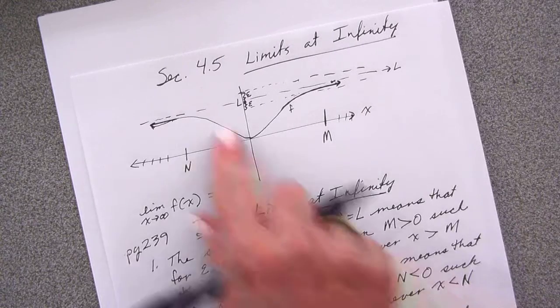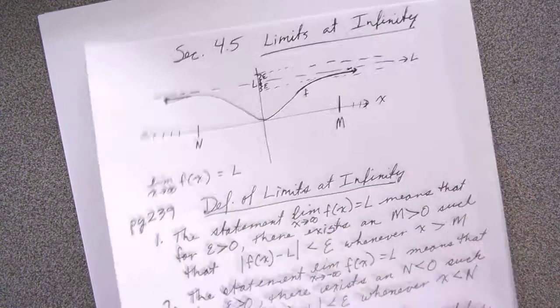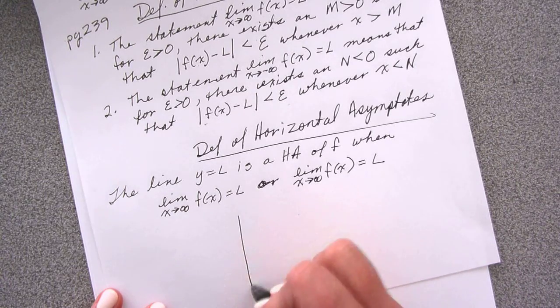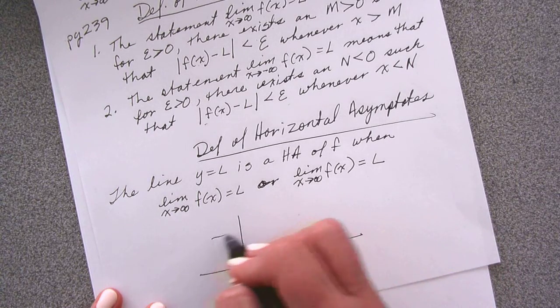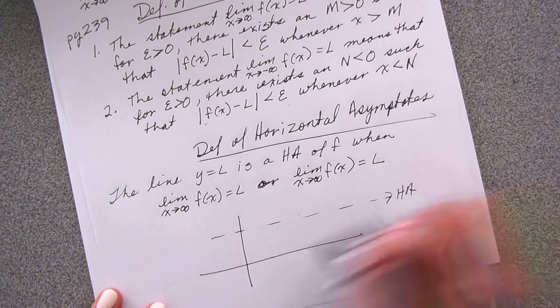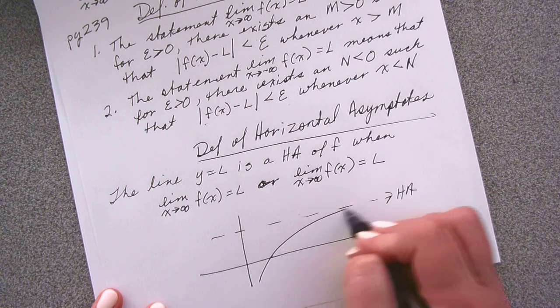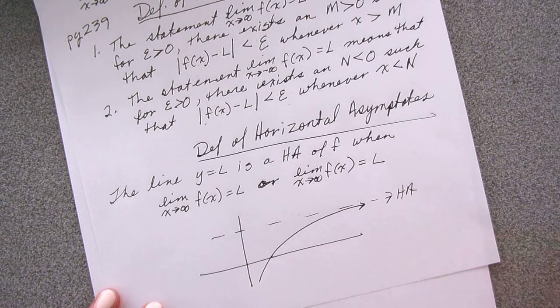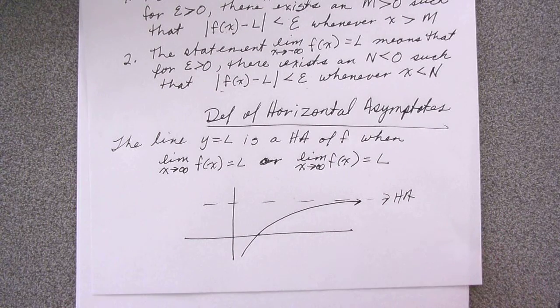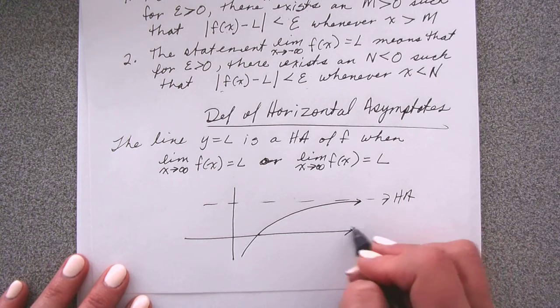But you can also have a graph where you have a horizontal asymptote, something like this is my horizontal asymptote, and my graph could just approach that horizontal asymptote on one side as x gets large. Any questions about those definitions?